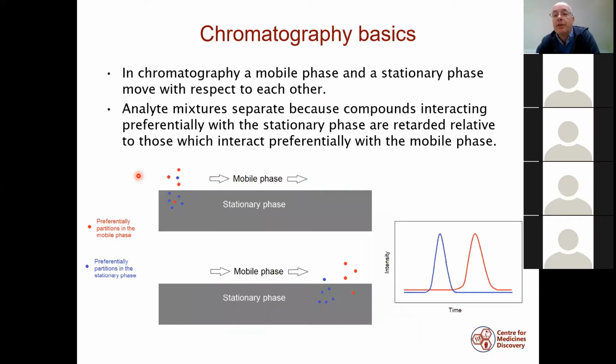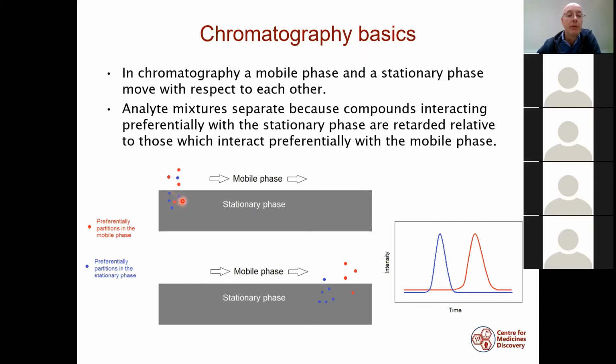Apologies to those of you who are already aware of this, but just to go over the basics in chromatography. Of course we have two phases. We have a mobile phase, we have a stationary phase, and they move with respect to each other. Any analytes in the mixture will partition into the stationary phase and also into the mobile phase, but they will partition differentially.